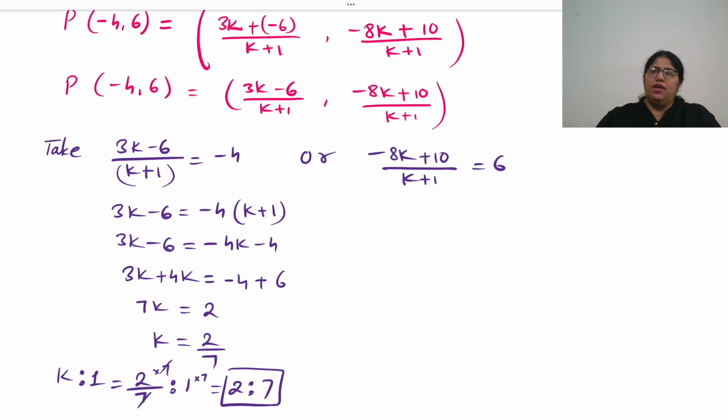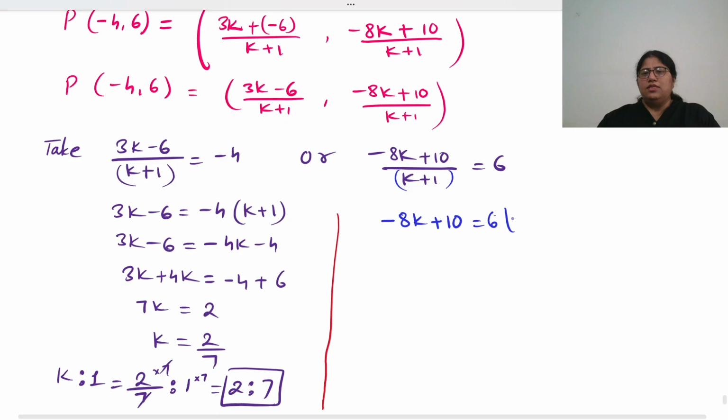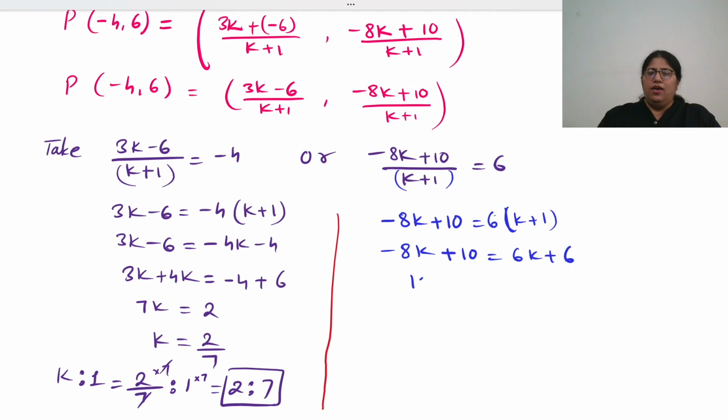Now let us cross verify. If you solve any one, you will get the ratio, but I want to cross check my answer, so let me solve the second part also and see whether the answers are the same. -8k + 10 equals 6 times (k + 1), which is -8k + 10 equals 6k + 6. Taking -8k to the RHS so that I do not have k negative, 10 - 6 is 4, which equals 14k.